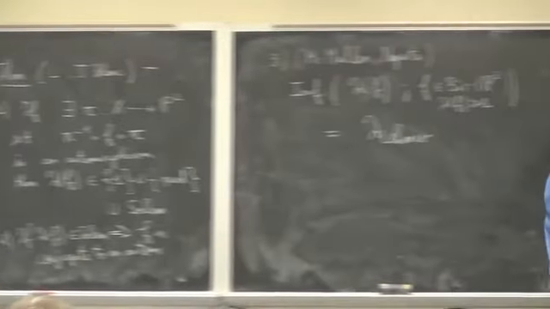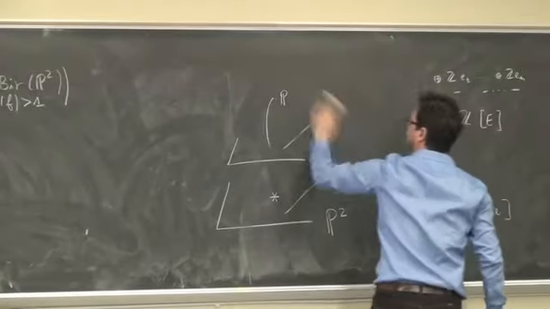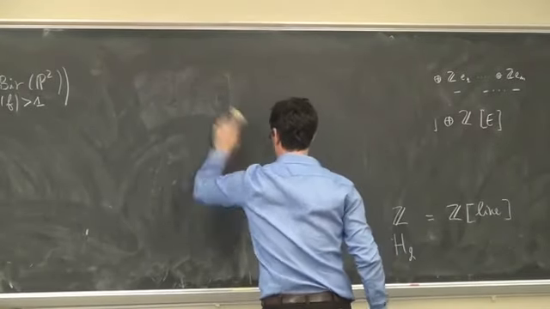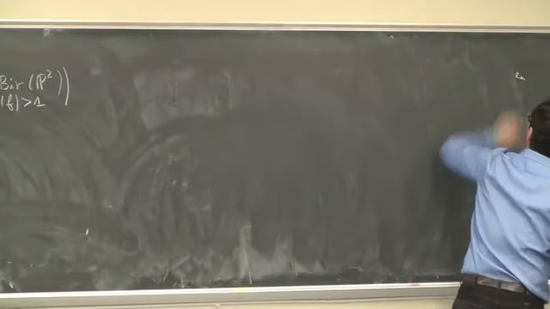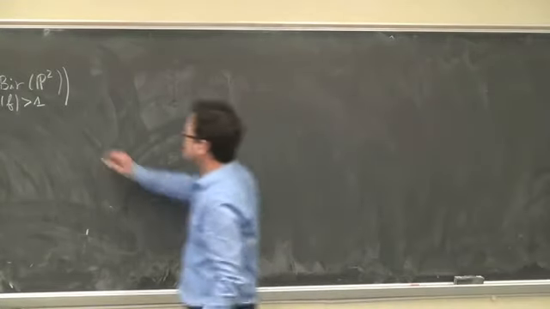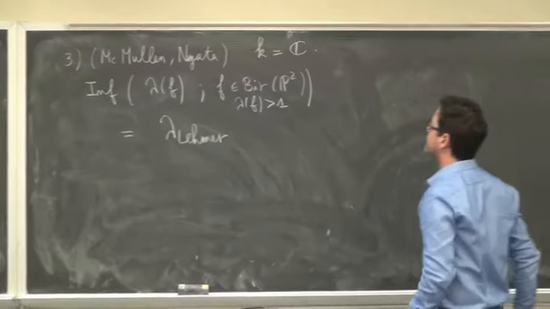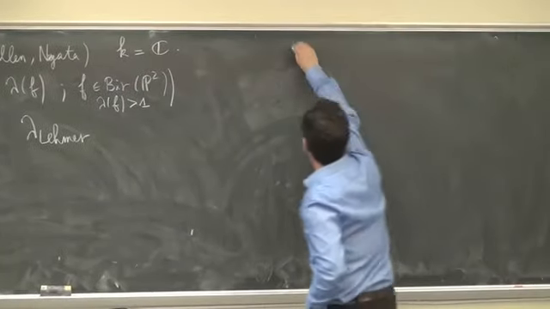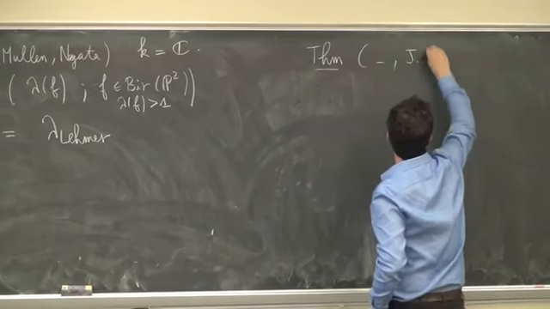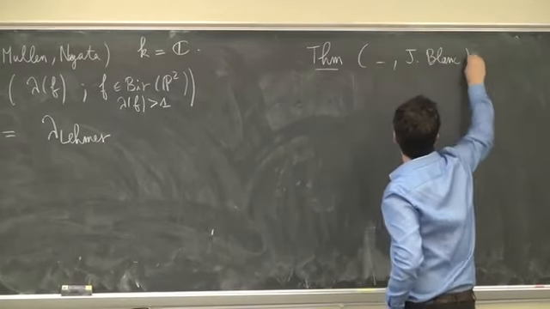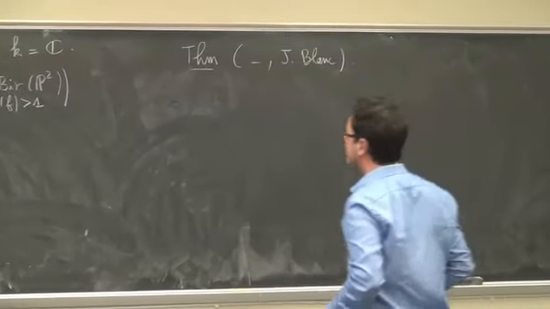And the last statement, the second statement, so again, it's for the field here. The second statement is on the structure of all possible dynamical degrees.